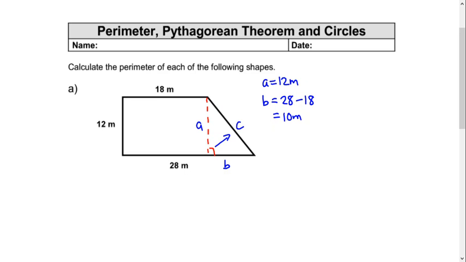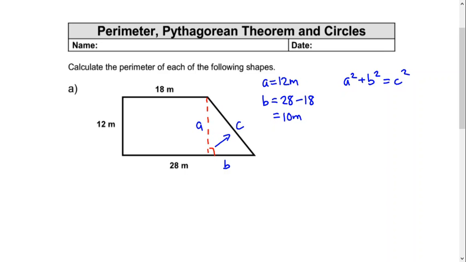So now that we've calculated the dimensions for A and for B, we can use those to find the dimensions of line segment C, and so we are going to do Pythagorean theorem. So Pythagorean theorem says that A squared plus B squared is equal to C squared.